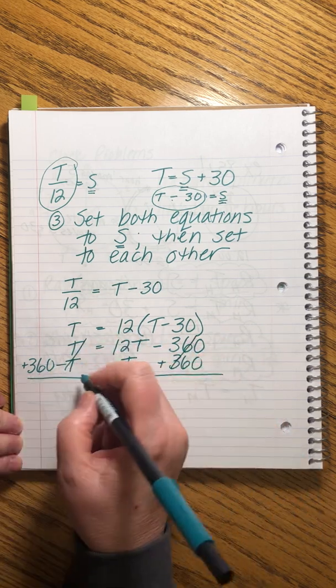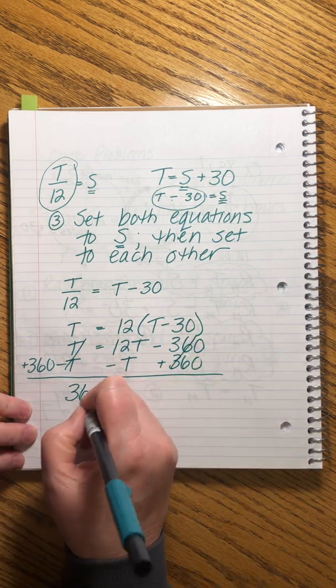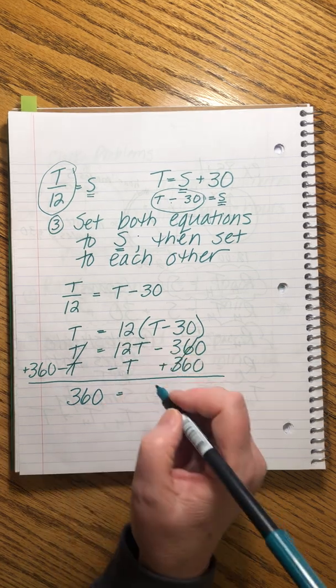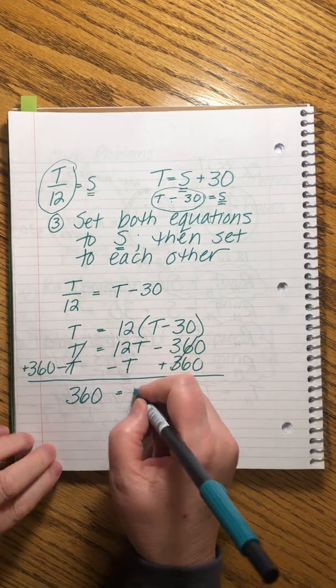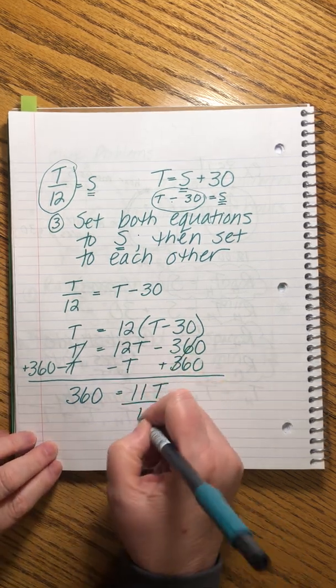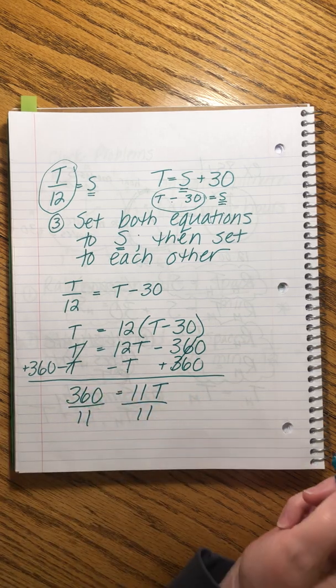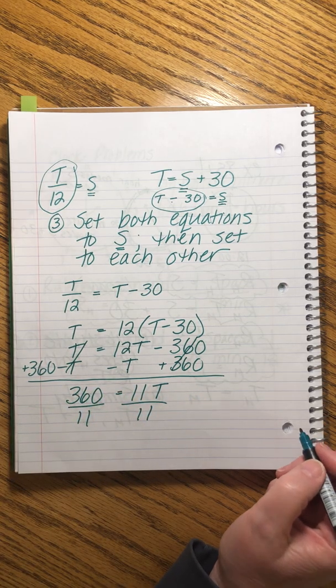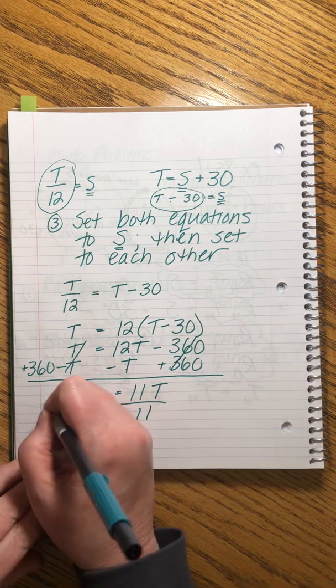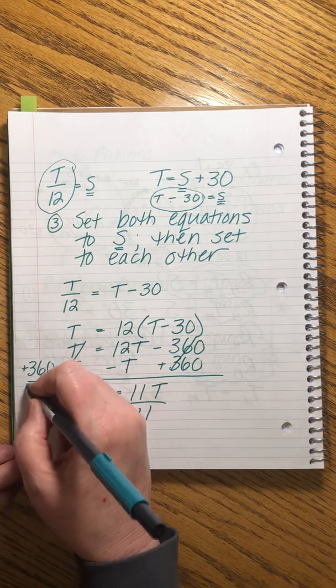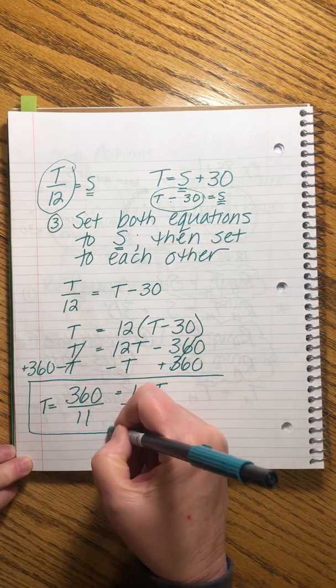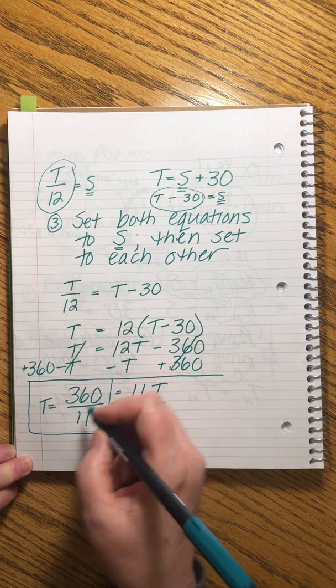Cancel, cancel, and we get 360 equals 12t minus t, 11t, divide by 11. These are the kooky answers we always get. It's not very satisfying. T equals 360 divided by 11 minutes.